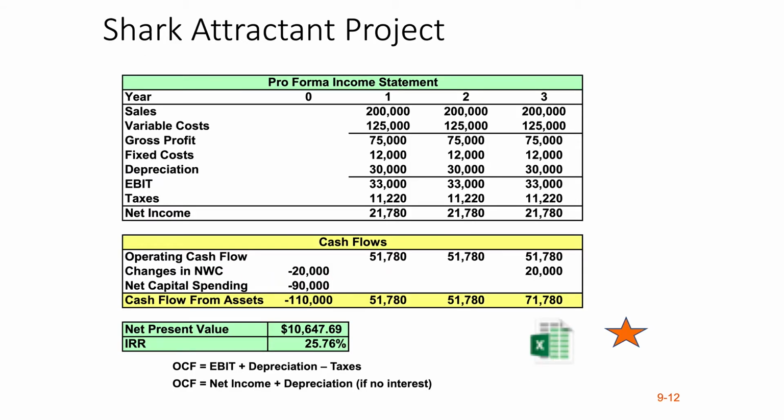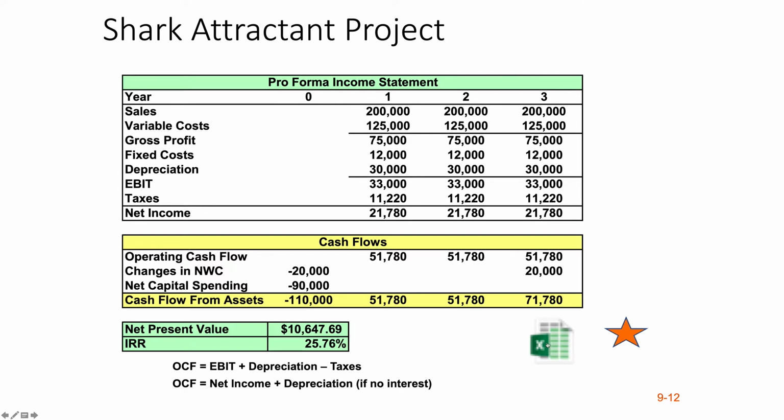Now let's look at the cash flow line on this spreadsheet. The spreadsheet is really the easy way to do capital budgeting. I do have a spreadsheet attached with the slides.